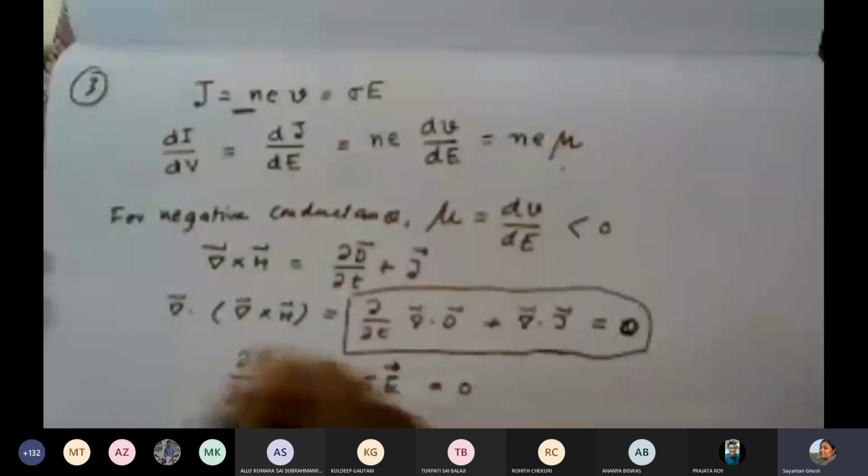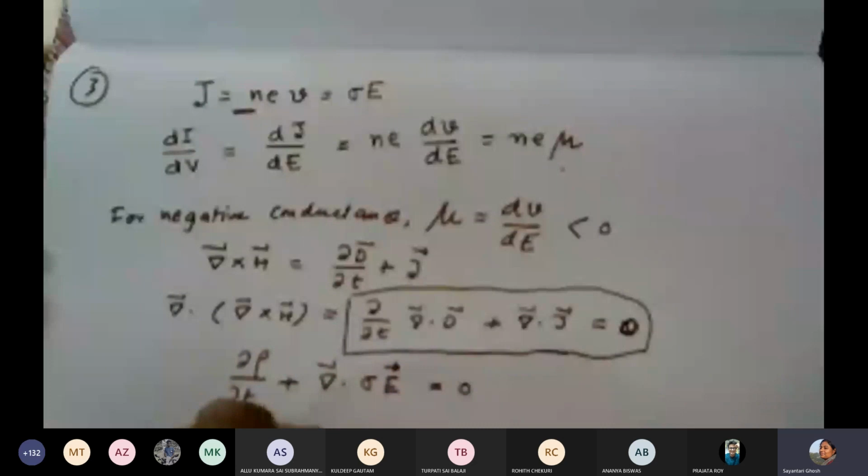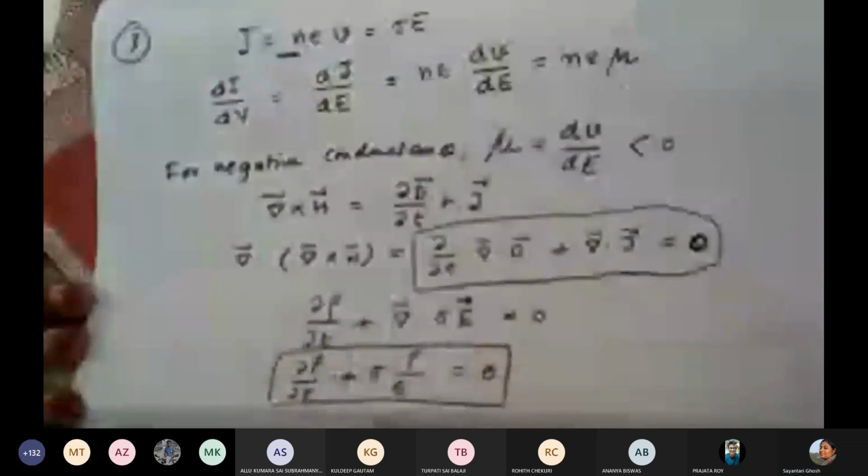So the equation that I am left with is del rho del T plus divergence of sigma E is equal to 0. Divergence of D is equal to rho, that comes from the first Maxwell's equation, and J is equal to sigma E comes from the relation from Ohm's law.